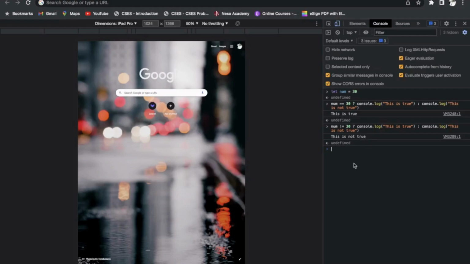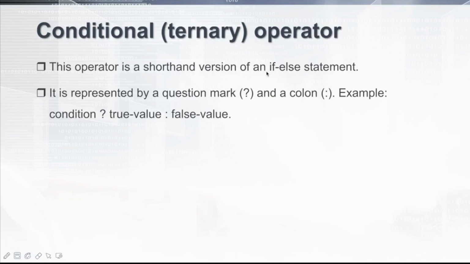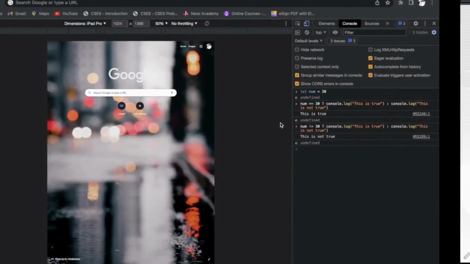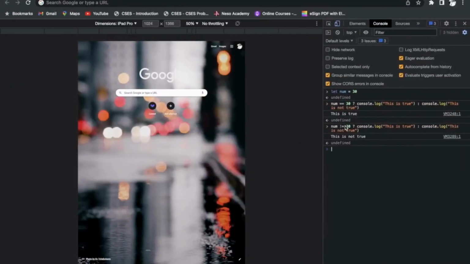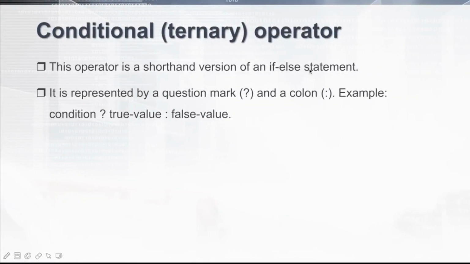That is how we use the ternary operator. Like I said, it's a short version of the if-else statement. When we treat our if-else statement, we will look at how we can use the ternary operator to have a shorter version of it.